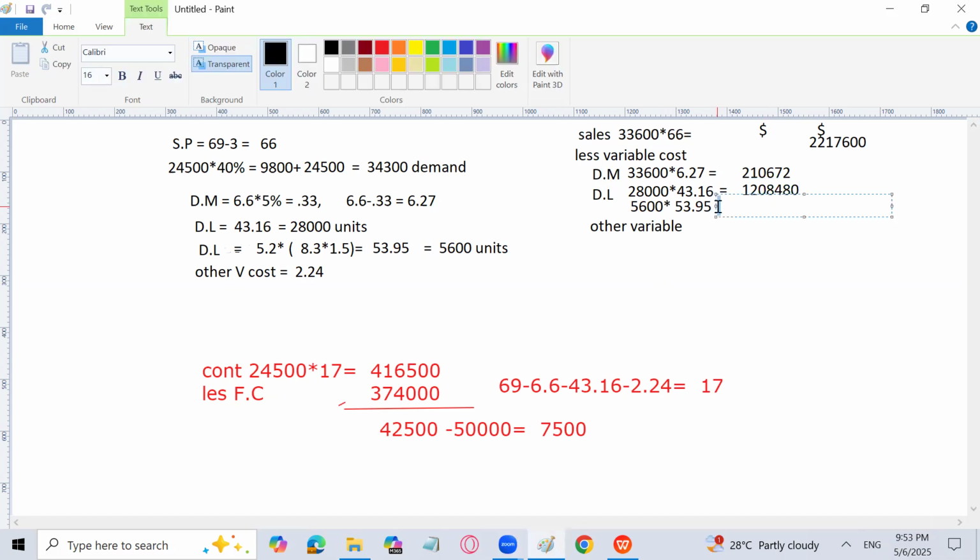Next, 5600 into 53.95. 302120. Okay. And other variable cost we can calculate.